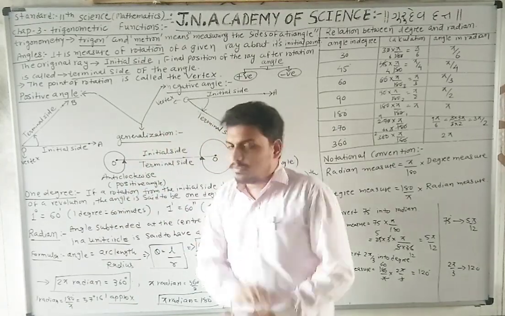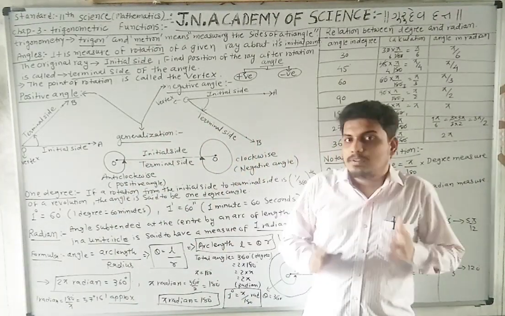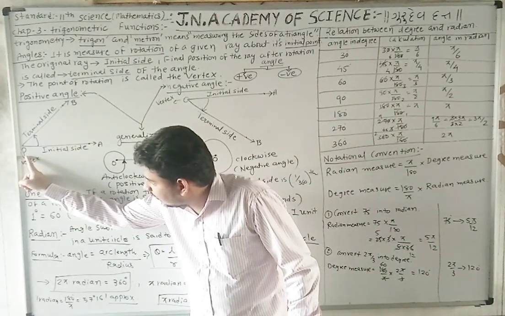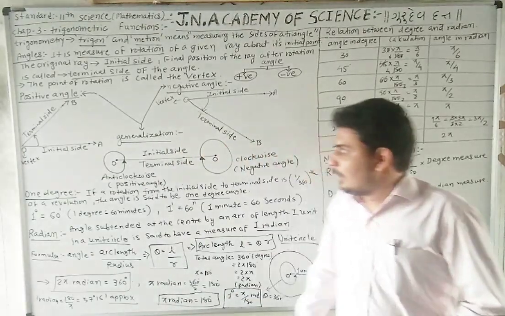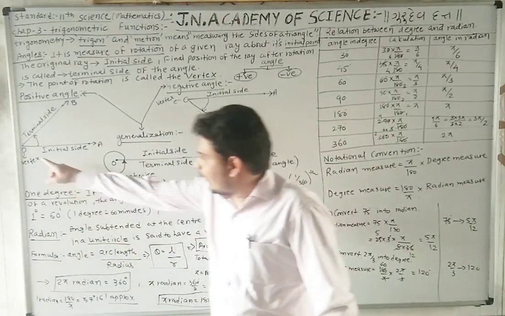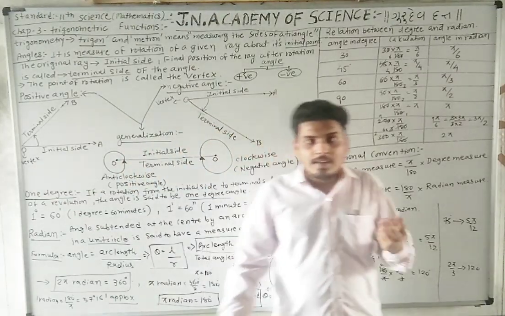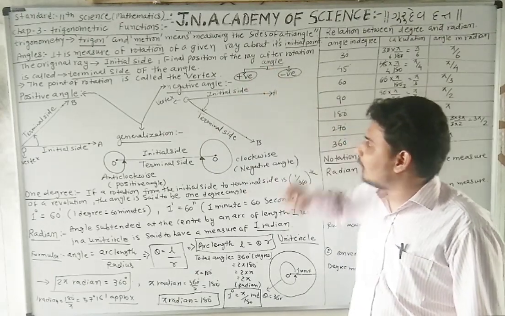Now, what is the point of rotation? This is the point of rotation, and it is known as the vertex. So O is the vertex for this particular angle. We have two types of angle, mind it: the positive angle and the negative angle.